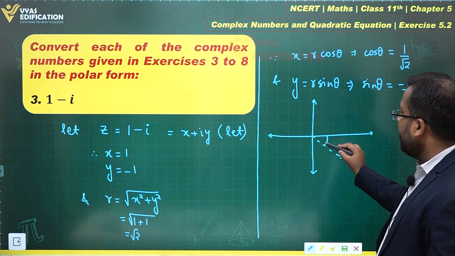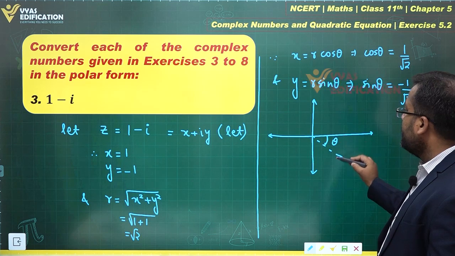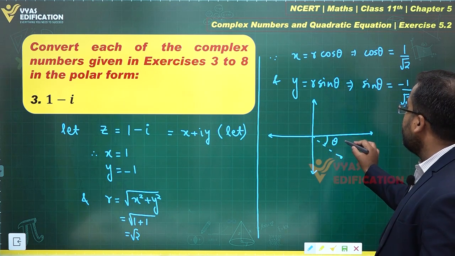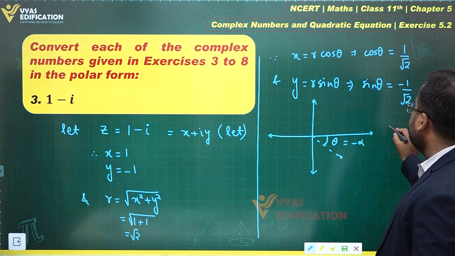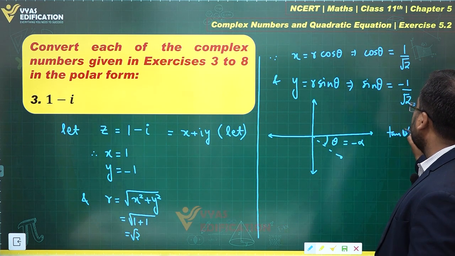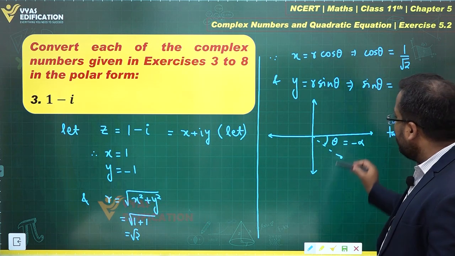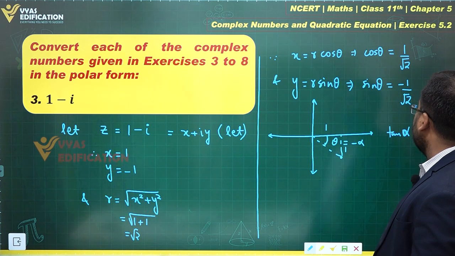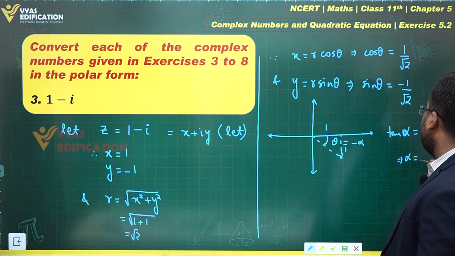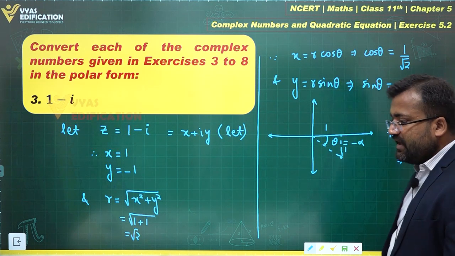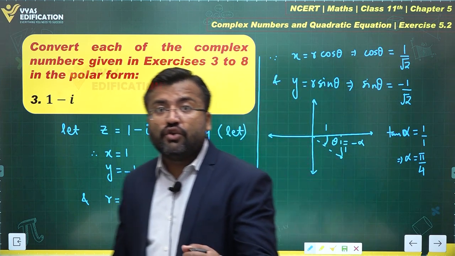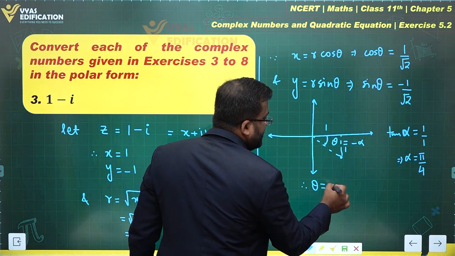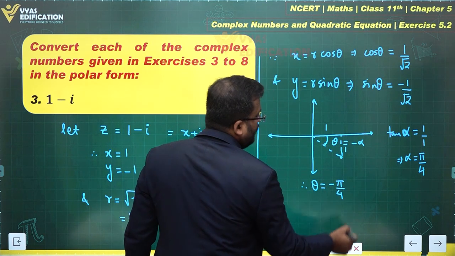The angle alpha can be easily found over here. Finally you want theta, actually. Theta is minus alpha, you remember that, right? And tan alpha is simply equal to 1 over 1, which implies alpha is pi by 4. Therefore theta is simply minus alpha, which is minus pi by 4.